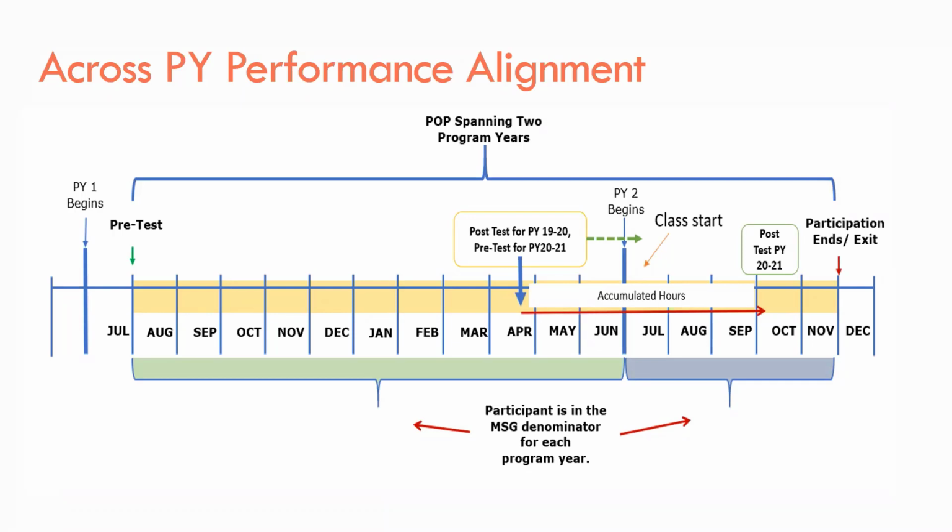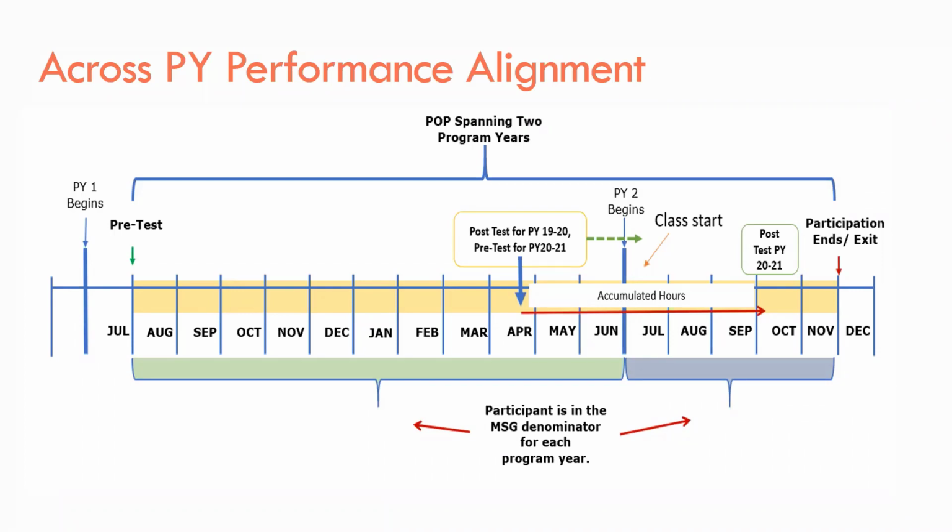Because what we know about a POP that spans across two program years is that you need an MSG in each of those program years. So you have to keep that in mind, and look at how the tests are working in the system so that you know exactly what is going on.